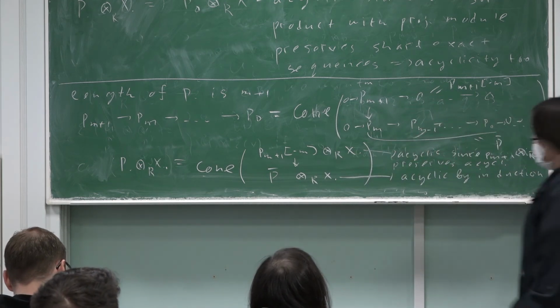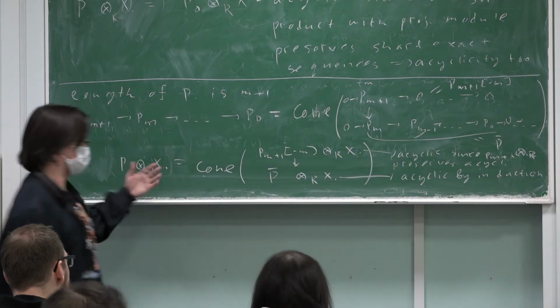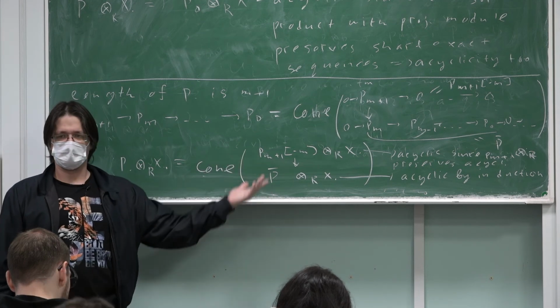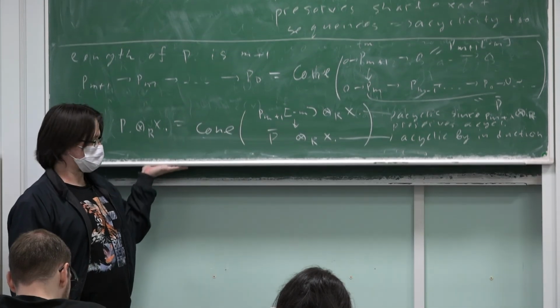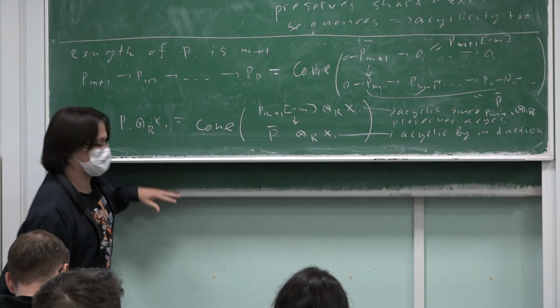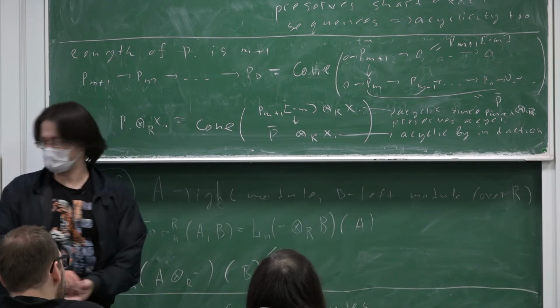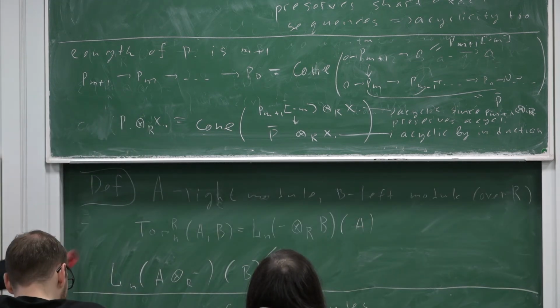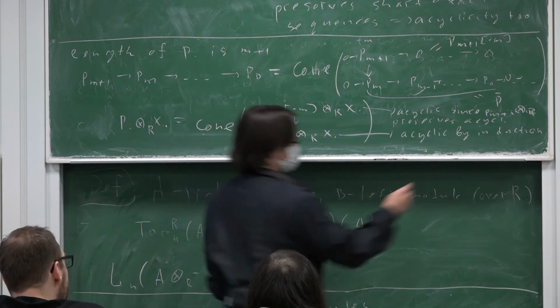So this complex is a cone of a map between two acyclic complexes, but a map between two acyclic complexes is of course a quasi-isomorphism because any map between two zeros is an isomorphism. So we are done.